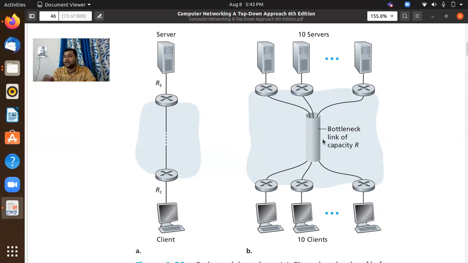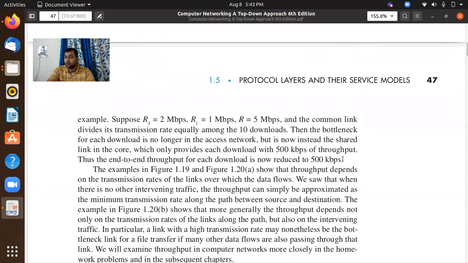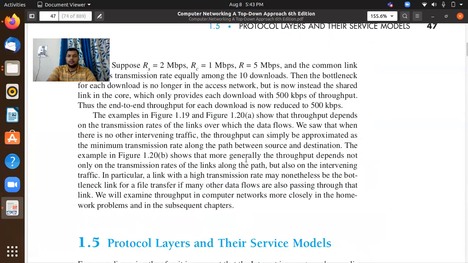So that will become a bottleneck. But the chances are rare, because nowadays the routers and infrastructure are smart. They recognize these types of bottleneck situations quickly and then do load sharing. That's why the routing there is dynamic. So that's the extra thing about throughput.